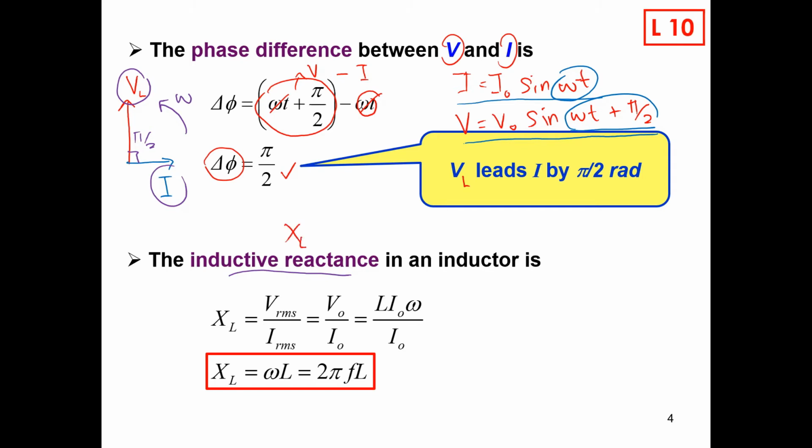XL is equal to VRMS over IRMS, or in terms of maximum voltage and current, V naught over I naught. Since V naught is equal to L I naught omega, the I naught cancels off, so XL equals omega L, and since omega is 2 pi f, XL also equals 2 pi fL.